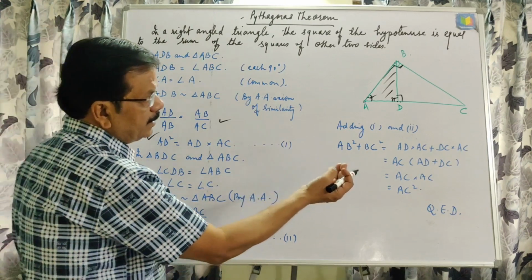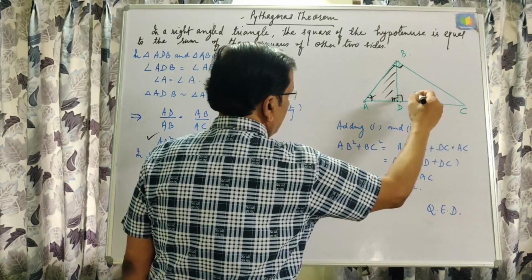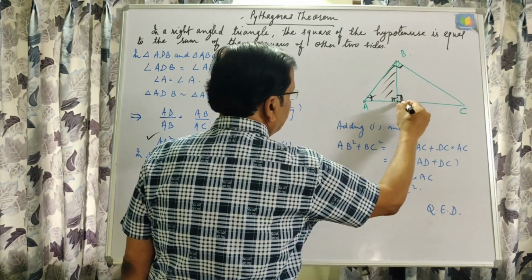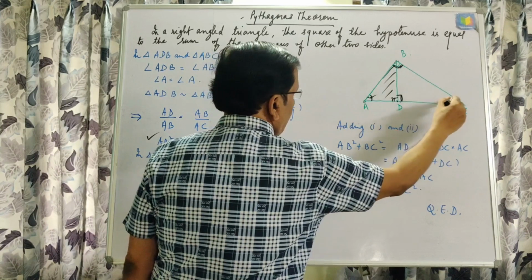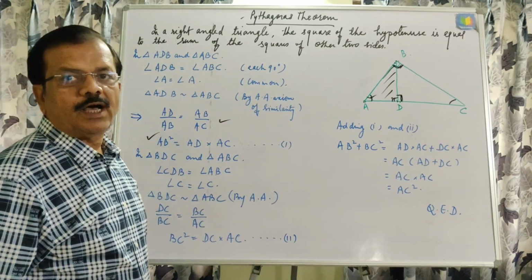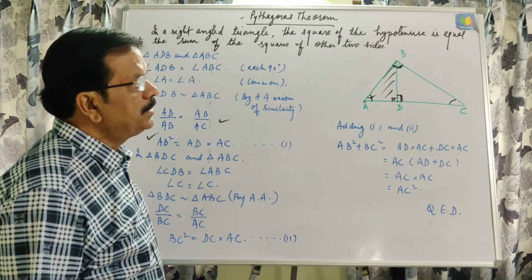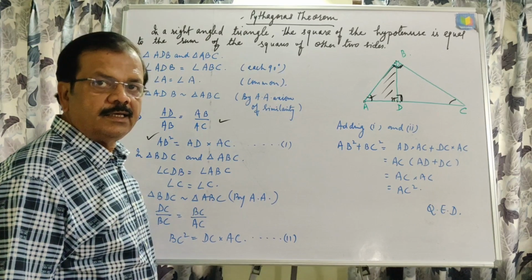Now take another pair, triangles BDC and ABC. Again this is 90 degrees, this is 90 degrees, and angle C is common to both the triangles. So again by the angle axiom of similarity, triangles BDC and ABC are similar.